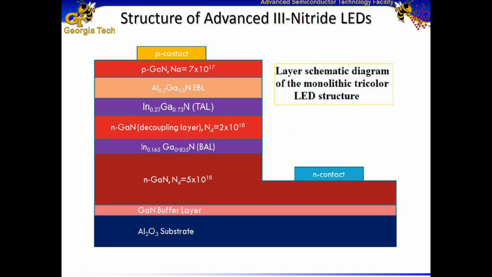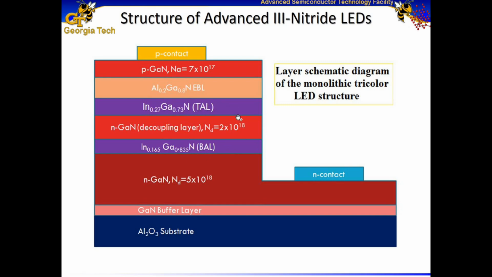So 40% indium, 60% gallium nitride would result in a wavelength corresponding to green or yellowish kind of light. So we actually have control over the wavelength of light if we adjust the indium content of the indium gallium nitride material.